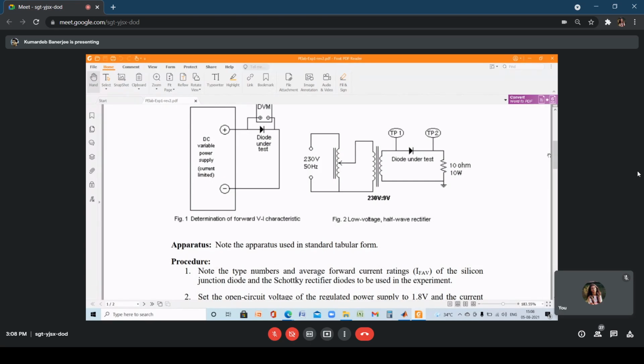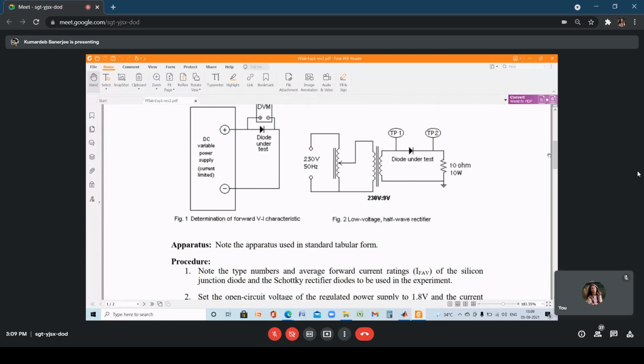So ideally, the conduction of a diode appears to be 180 degrees because it conducts in the first half cycle, right? And the same diode cannot conduct when there's a polarity reversal. You need to have full wave circuitry to conduct both during the positive half cycle and negative half cycle. But that's not being done over here.